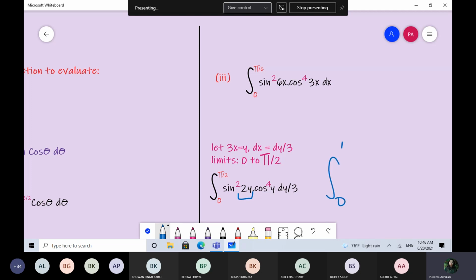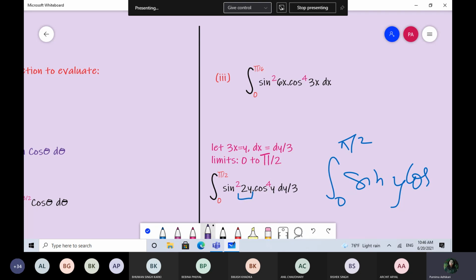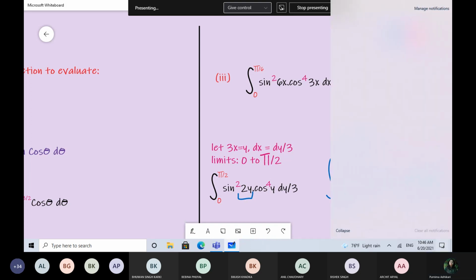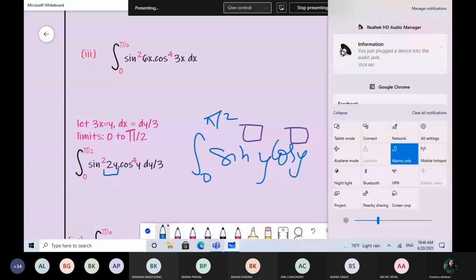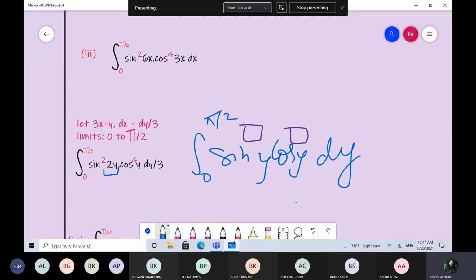Your exact integral should be 0 to pi by 2, sine to the power something y, cos to the power something y dy. You want it this way, but here 2y came instead of y.